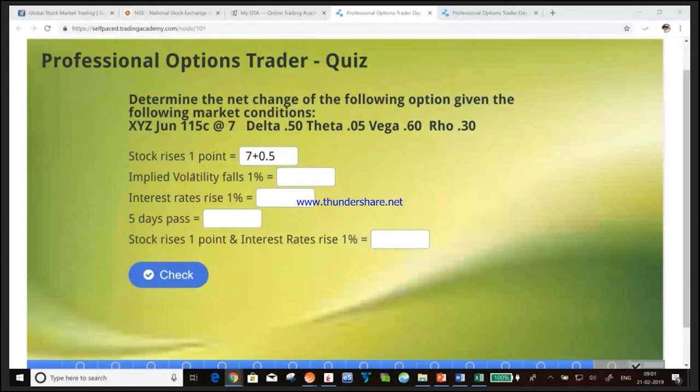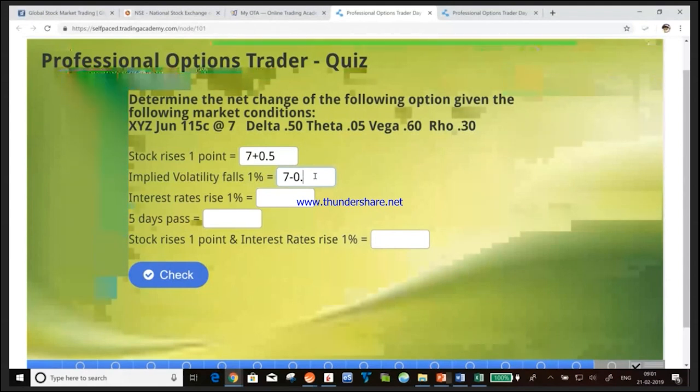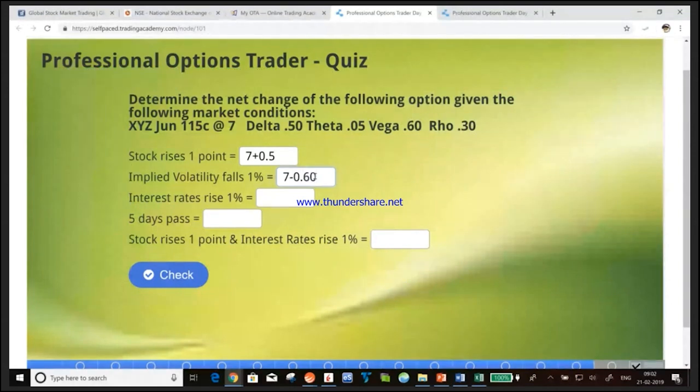By how much does it come down? By the value of Vega. So here it is going to be 7 minus 0.6. 0.05 is theta. 0.60, yeah, not 0.06. Now is this clear?